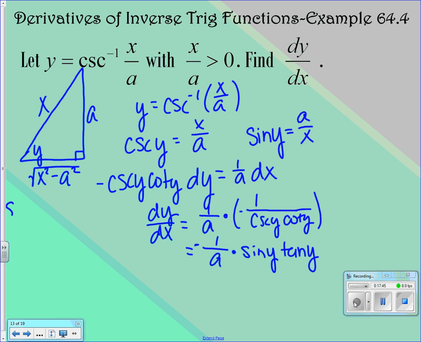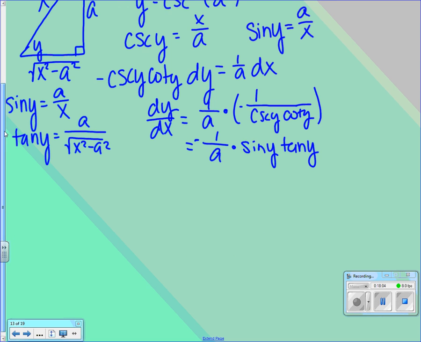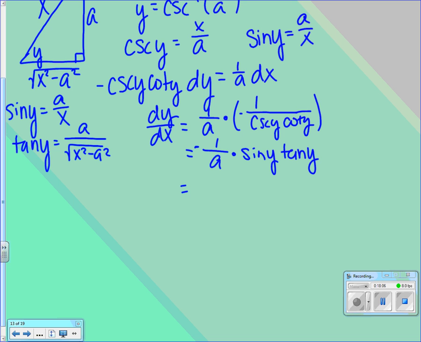And then the sine of y over here, opposite over hypotenuse, and the tangent of angle y, opposite over adjacent. And so we're going to replace those down here in our equation.